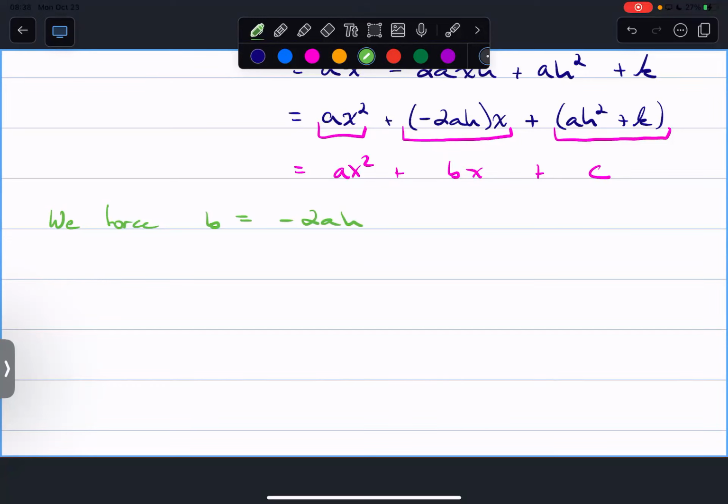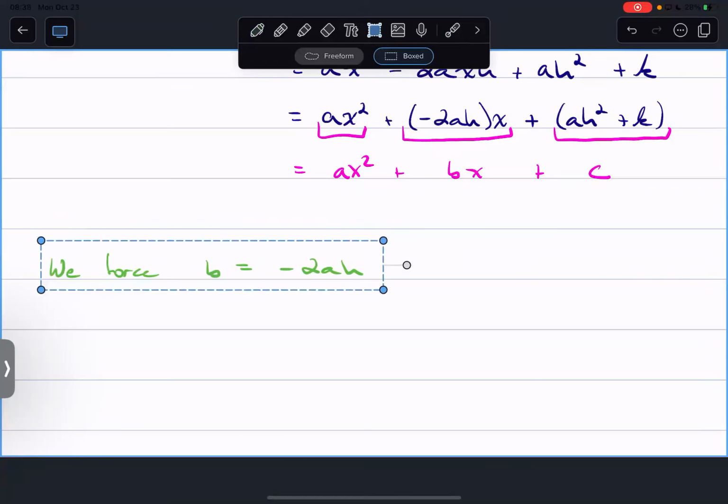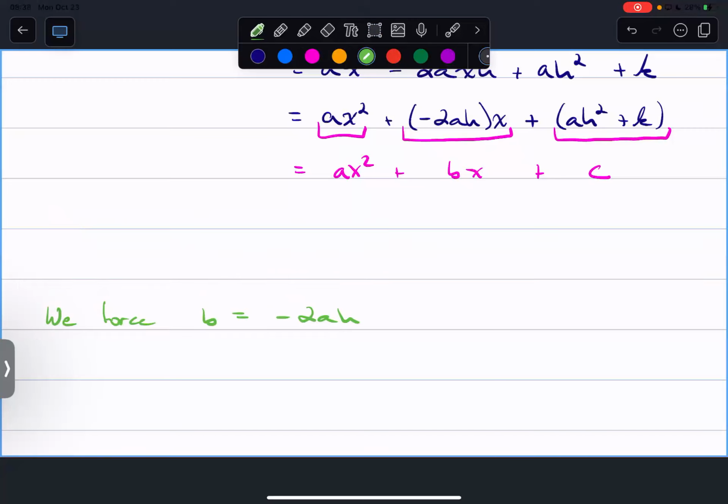Which means that if we want to solve for h, remember we're looking for h and k because we already have, and let me just write that down. From ax squared plus bx plus c, we have a, b, and c.